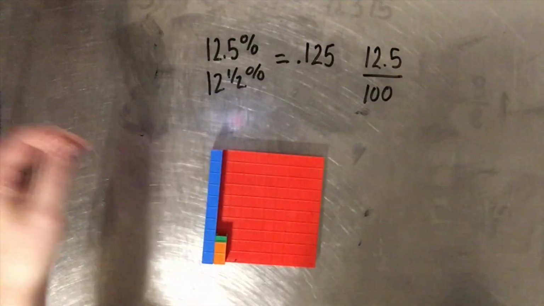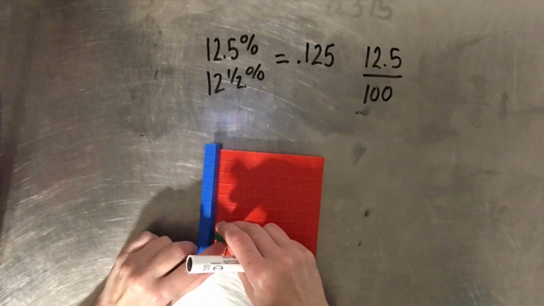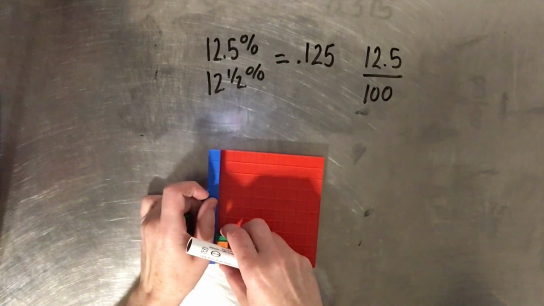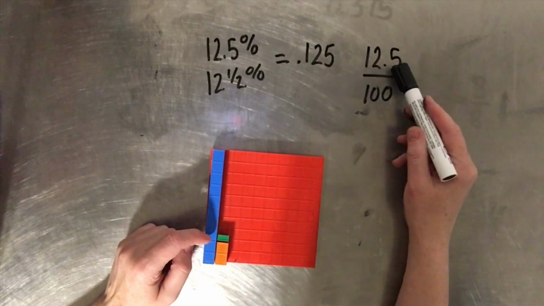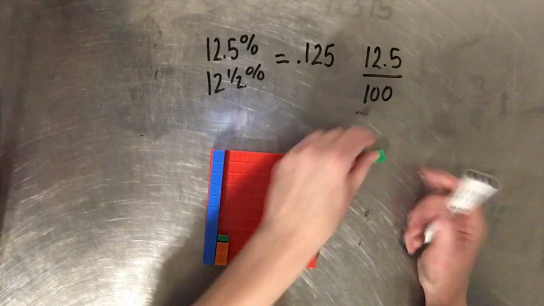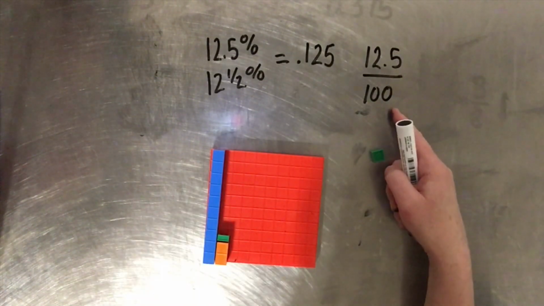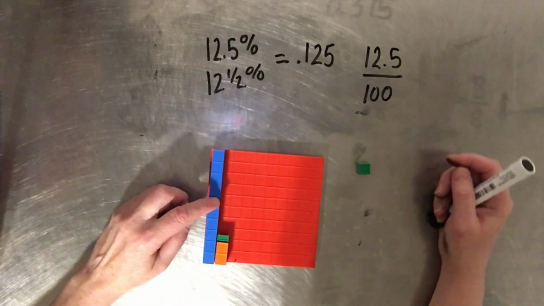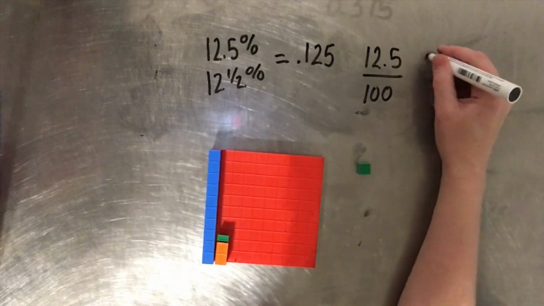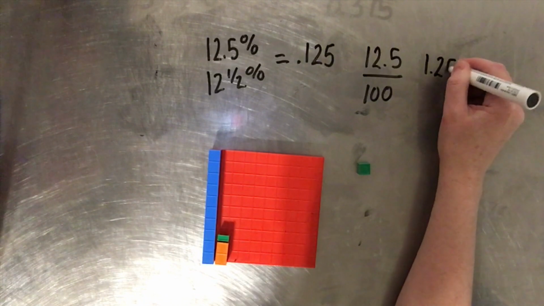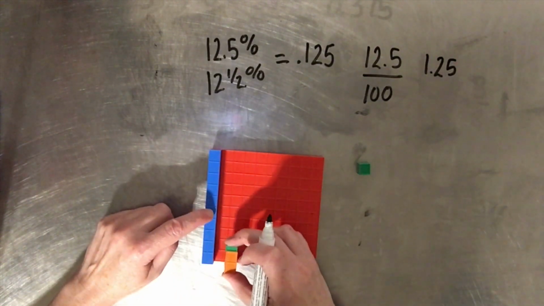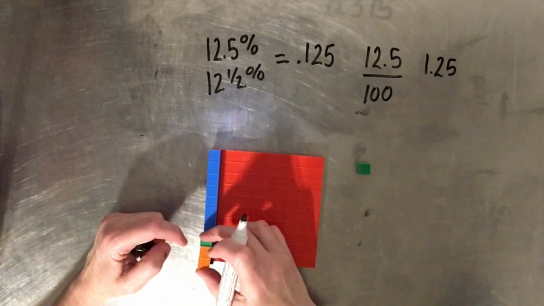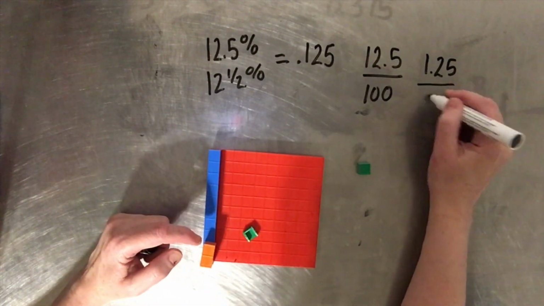So writing this as a fraction, we could say that we have 12.5 of these, we have 12.5 of those, and those are hundredths, so we have 12.5 of those. We could also say that we have 1.25 of those, so we have 1 1/4. I can see how that's a quarter of that. We have 1 1/4 of those, and that would be tenths.